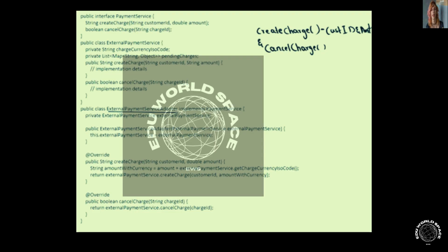Then it calls the create charge method in the external payment services and returns the charge ID.